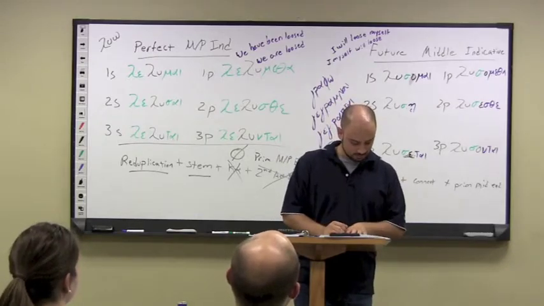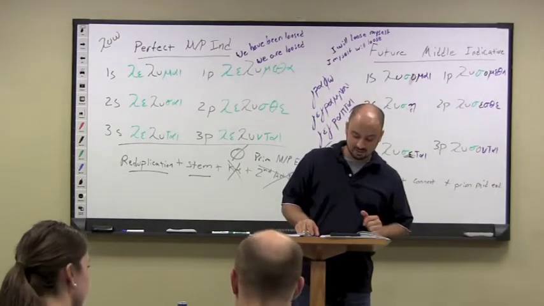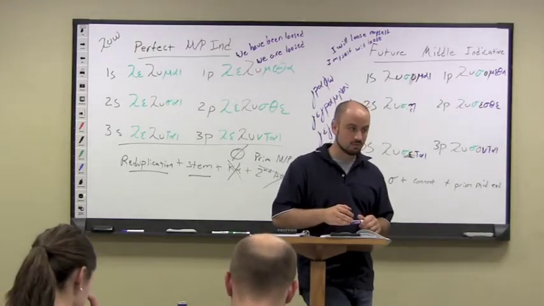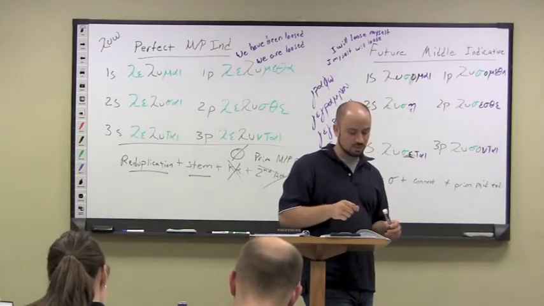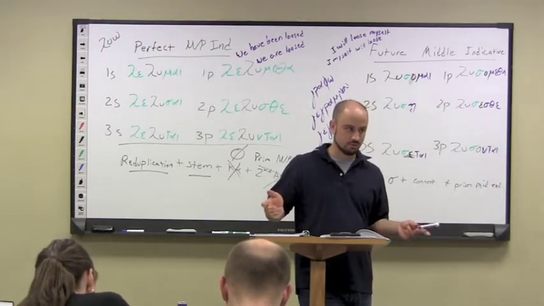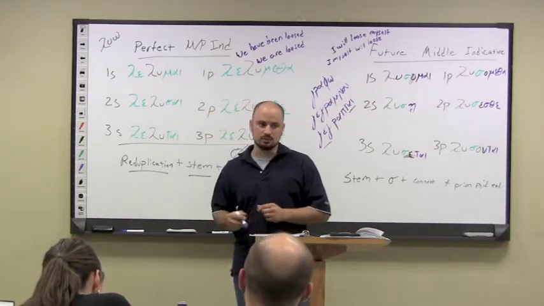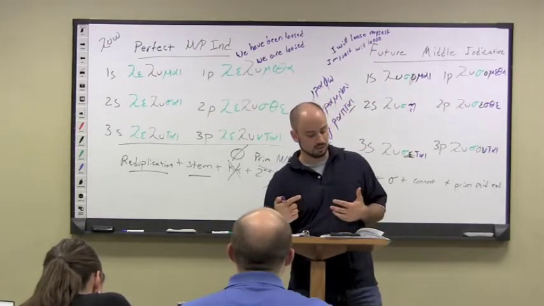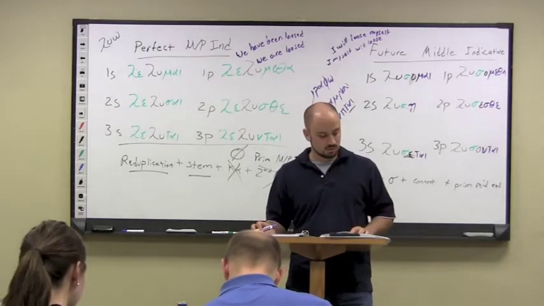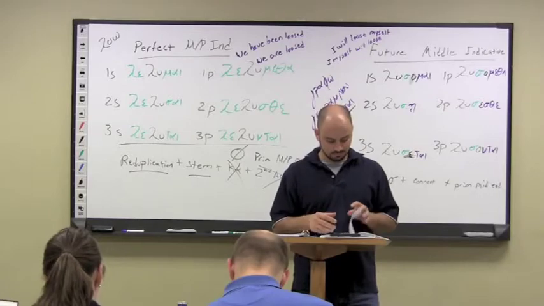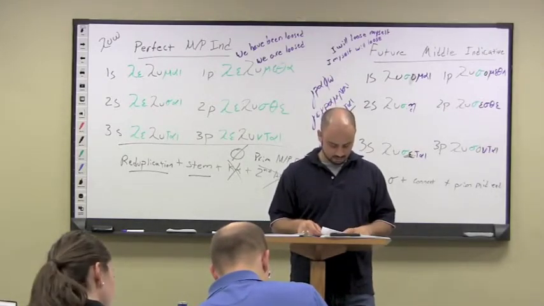And the last thing for this chapter to learn is your future active indicative of eimi. I find this form of eimi to be a little easier to learn than the rest of them, because it's built rather regularly. You have epsilon sigma, and then you have your secondary middle passive endings.